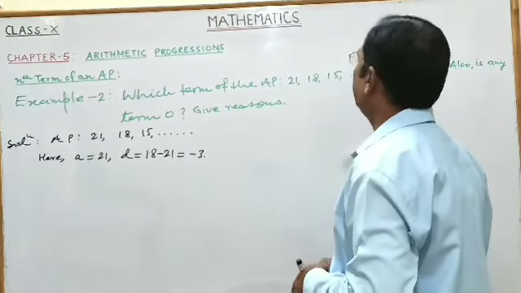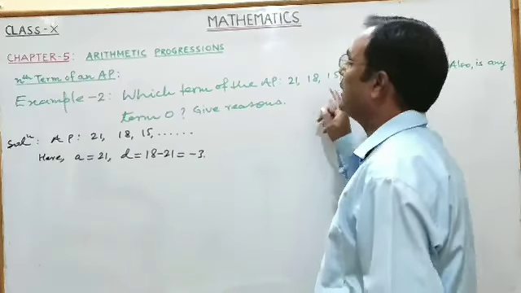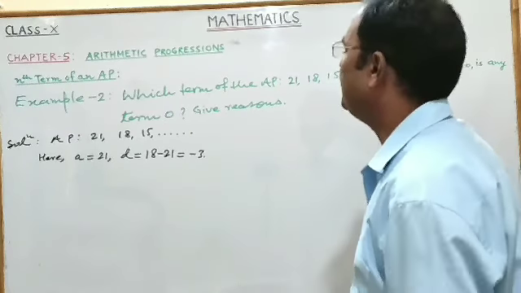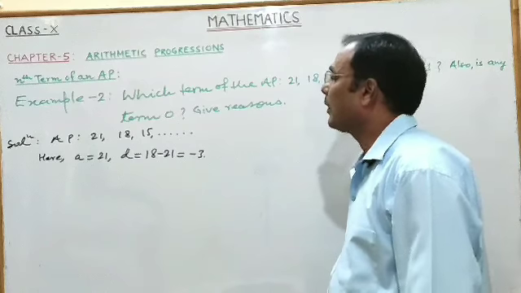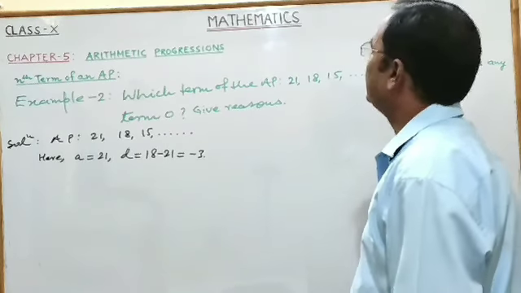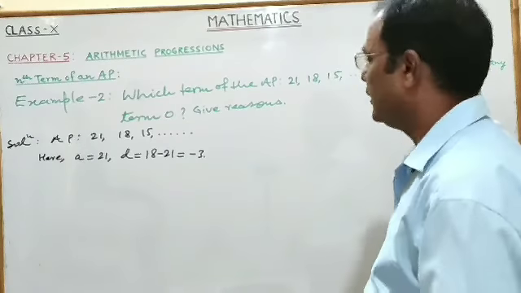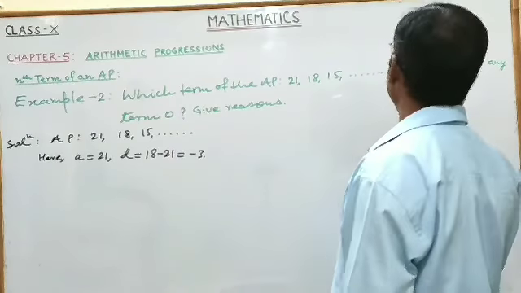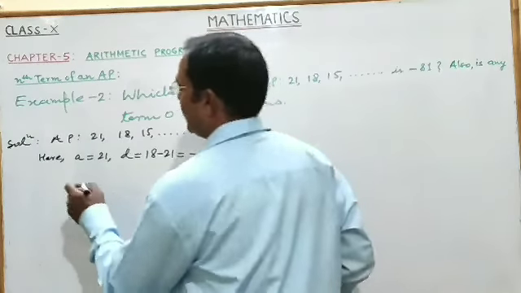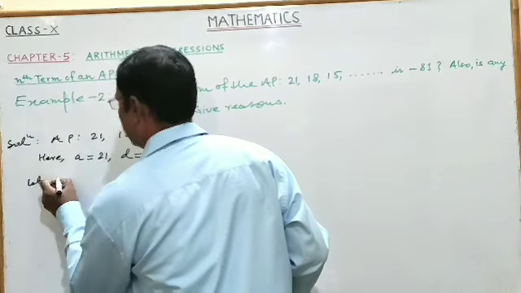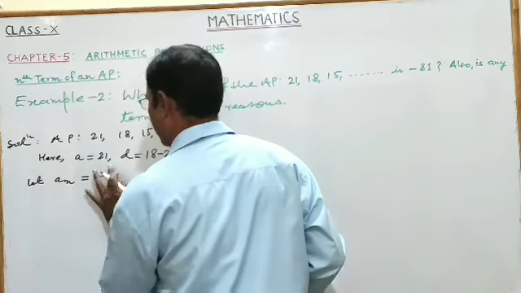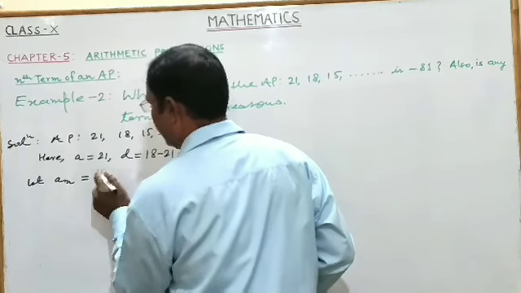We have to find whether minus 81 is a term in this arithmetic progression or not. So for that we will find value of n for which minus 81 will be a term in this arithmetic progression. So we will assume that let the nth term of this AP be minus 81 and we'll find out the value of n.